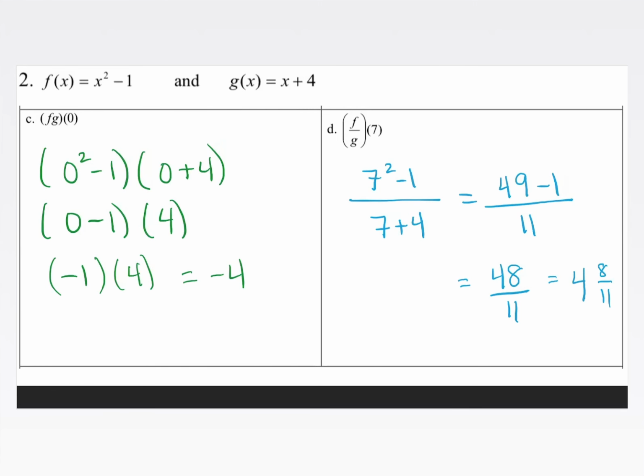Not 8 elevenths, 4 elevenths, goodness. Okay, moving on, we could also write it in decimal form, if you would like to do that, as 4 and 364 thousandths, rounded to the nearest thousandths.